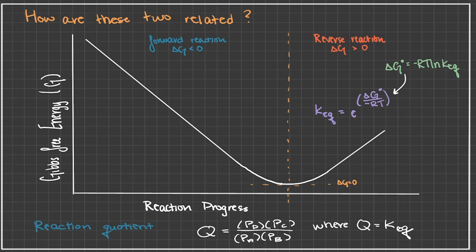So KEQ equals e, which is a constant, to the power of delta G standard divided by negative RT. Now we see that we have the same phrases involved and they're just in a different order, so that we can have it equal to different constants that we want to find.